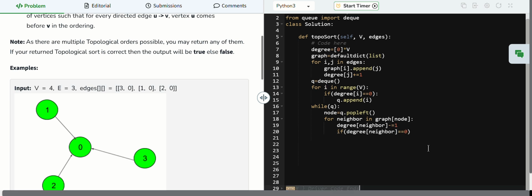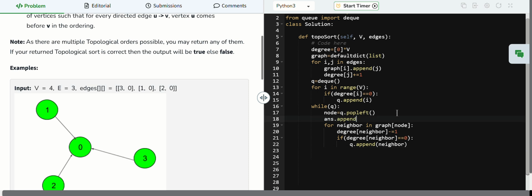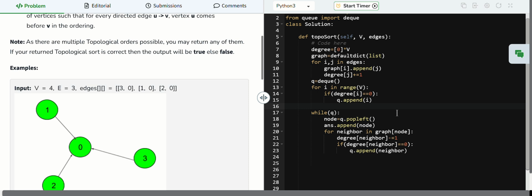That means all its parents are satisfied and present in the answer. So I will append this neighbor into my deque, and also I have to append this node into my answer. And at the end I will return the answer.